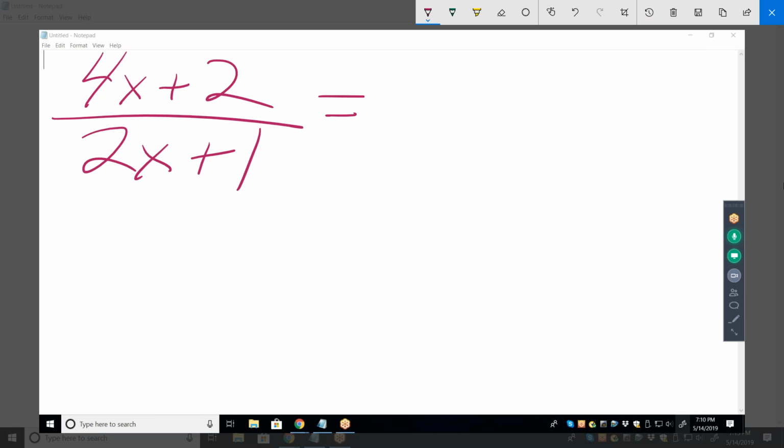Think factoring. Always think factoring. You can factor out of the top. A 2. What are you left with? 2 parentheses 2x plus 1.